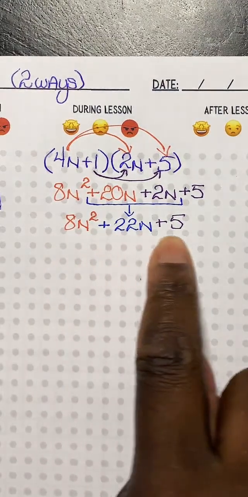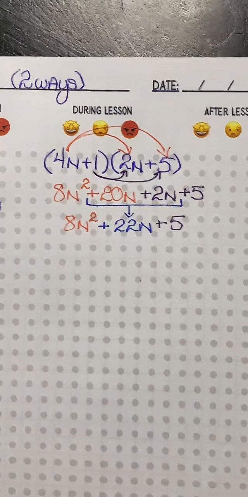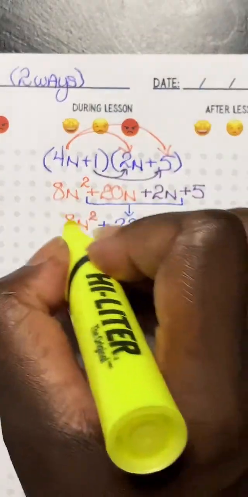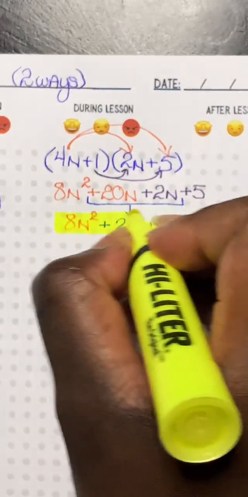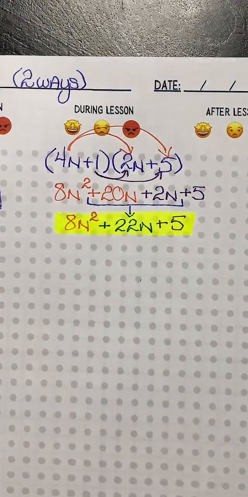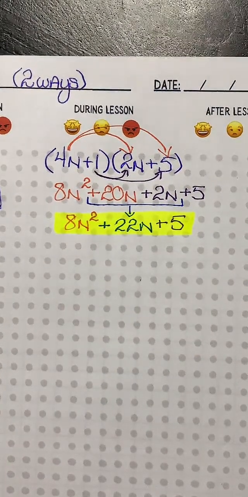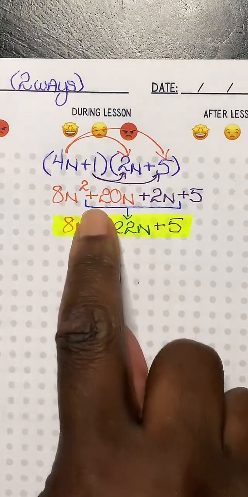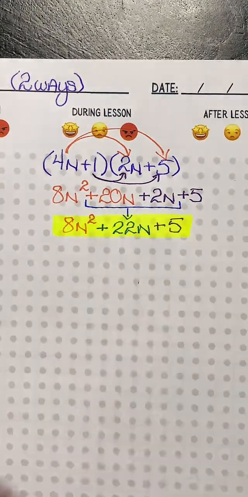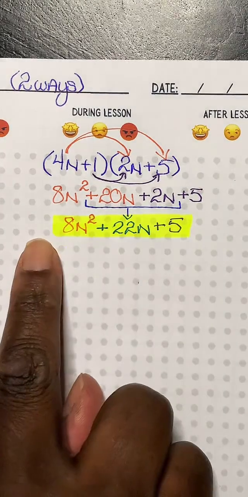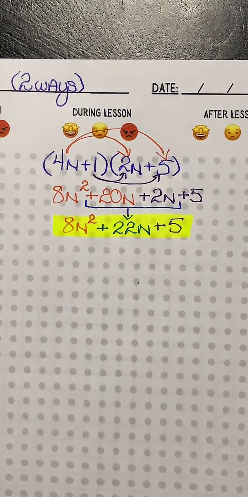There are no like terms right there. So guess what, my brothers and sisters? This is your answer. Okay, so when you do that distribution, then you're looking in the middle to combine your like terms, and then you get your answer there. All right?